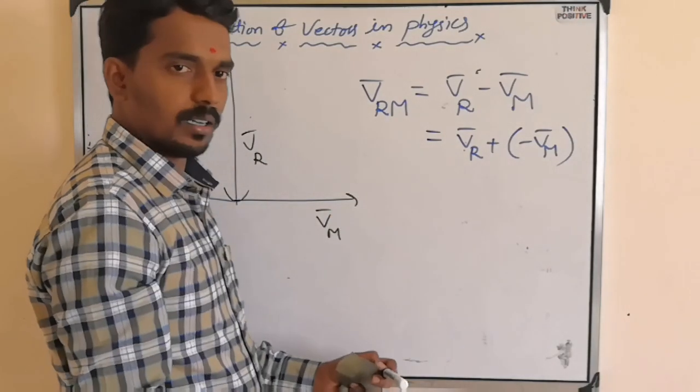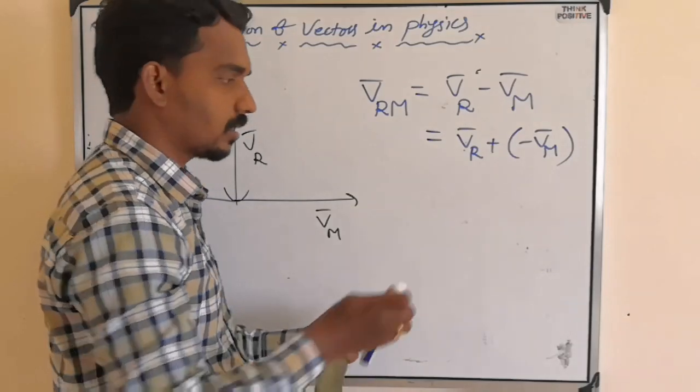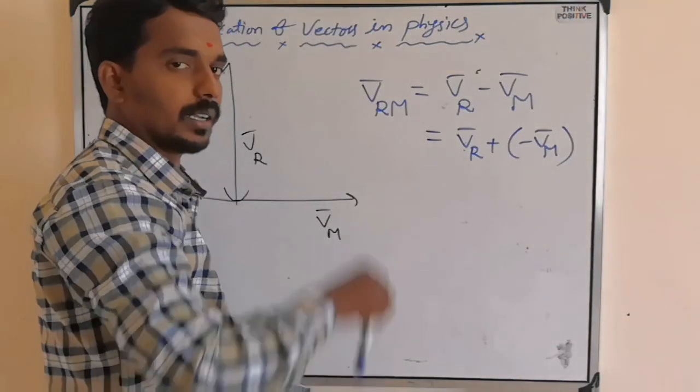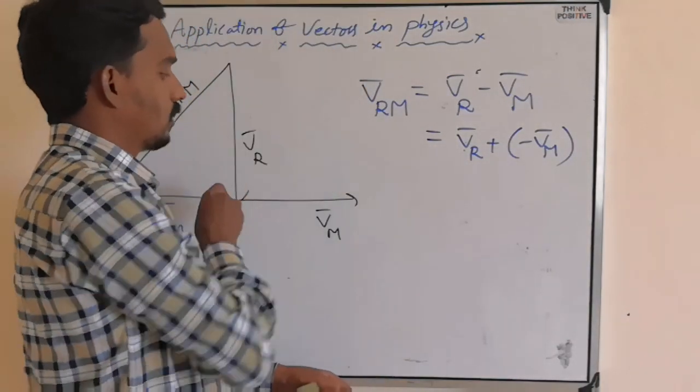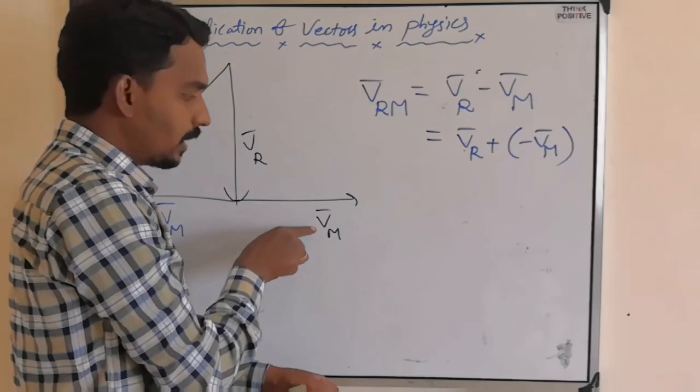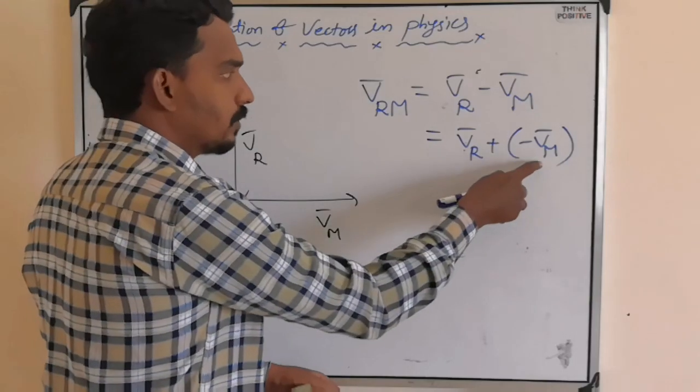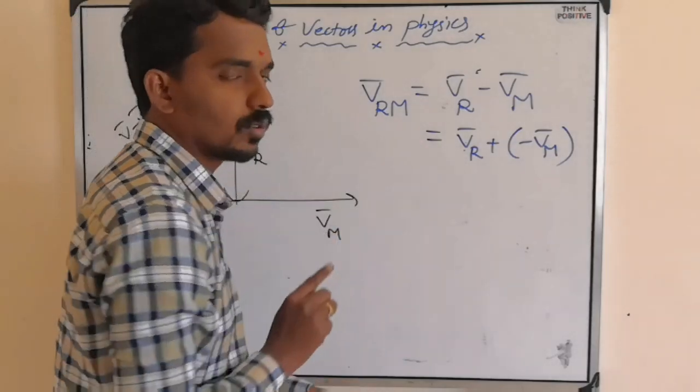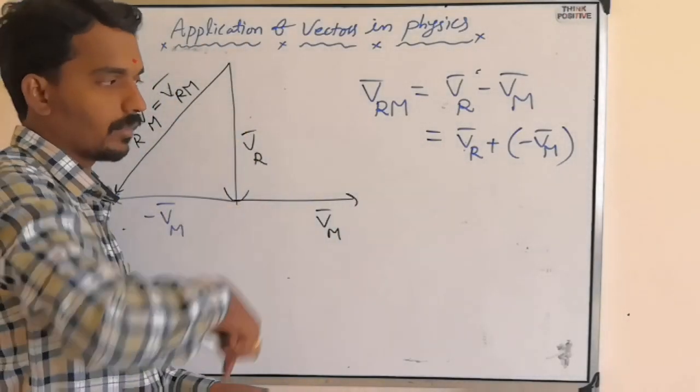If you stand here, just at rest, then rain falls vertically downward, like this, because you are standing, which means Vm is 0. So Vm 0 means Vrm is Vr only. So it comes down straight away.